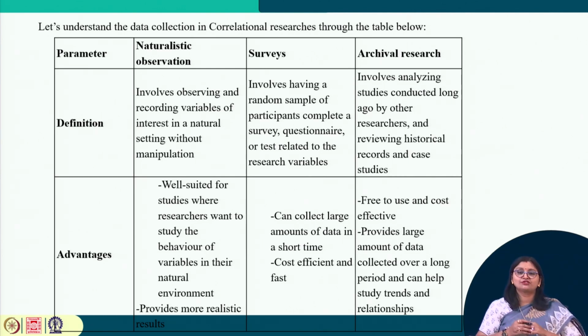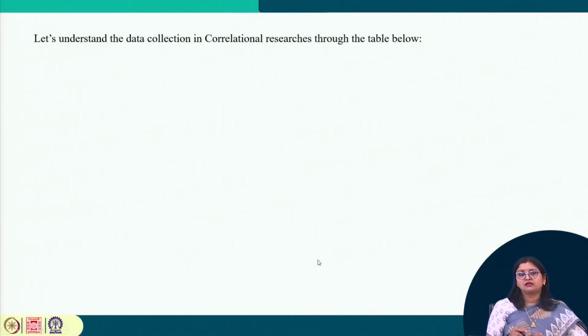Like these days we use Google Forms, and it takes less time than the physical mode, and it is cost effective as well, and the speed is also fast. Archival research is free to use and cost effective, and provides a large amount of data collected over a long period and can help study trends and relationships. These days review or meta-analysis research is also very famous.